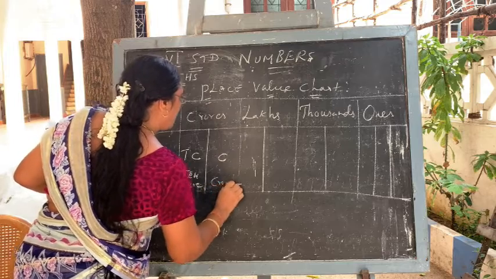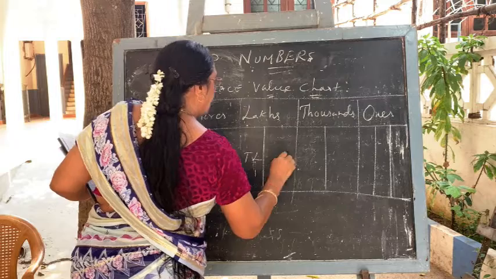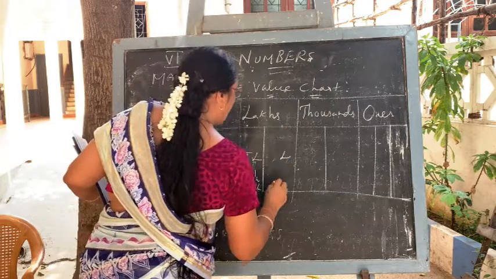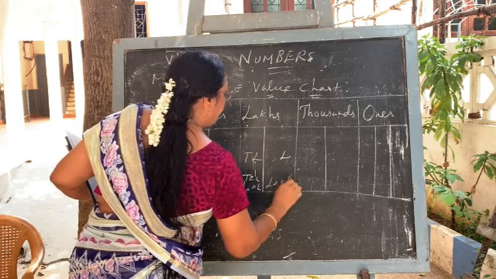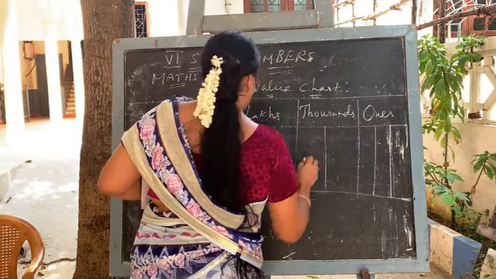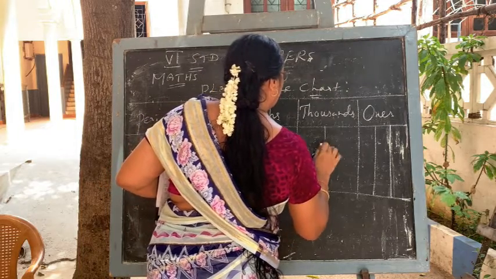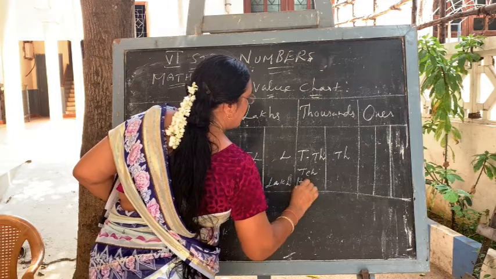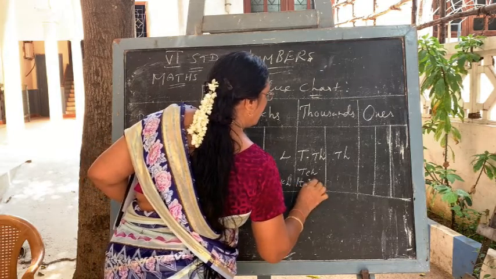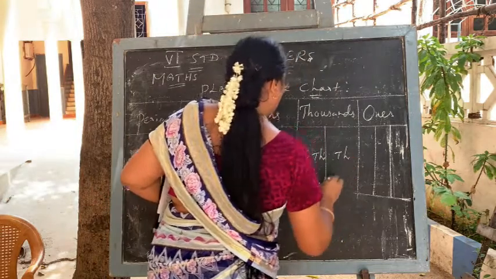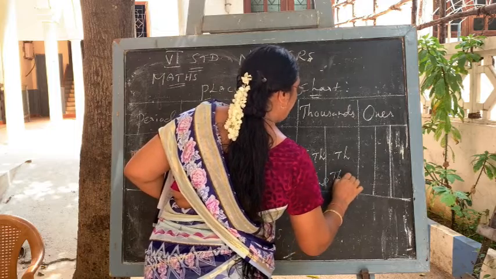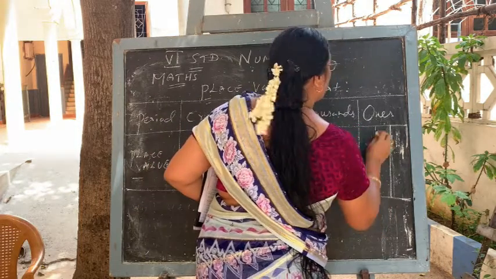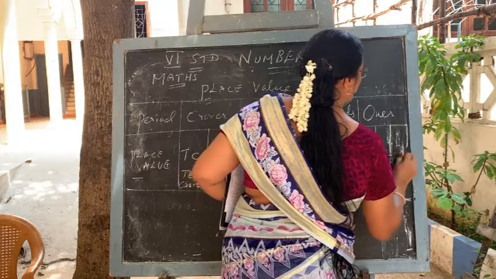This is crore. 10 lakh, lakhs, then 10,000 and 1,000, then ones is divided into hundreds, tens, ones.